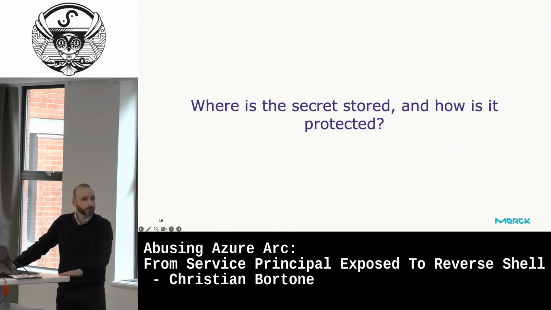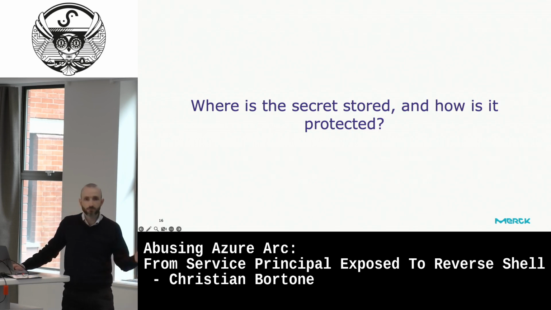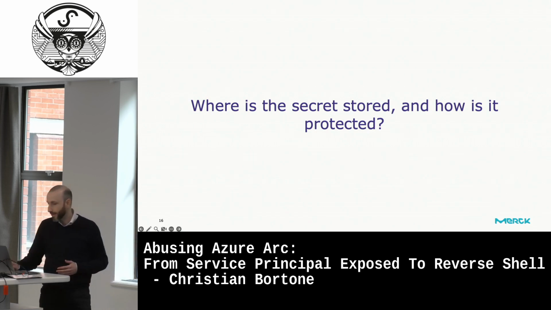When I was studying all of this, my question was, okay, where is the secret stored and how is it protected? Because the server needs to take the secret somehow, right? Because it needs to authenticate. So where is this secret?